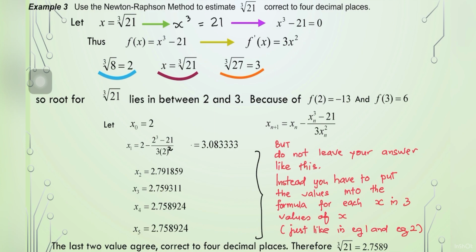They have to be put into the formula. This formula you have to write down, then only you equate with the value here, just like we have in example 1 and example 2 just now. And for x4 and x5, you have to write down too. So I hope that you can understand whenever we are doing this Newton-Raphson method to find the approximate value for any function.